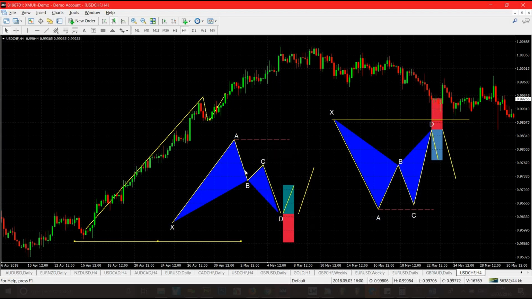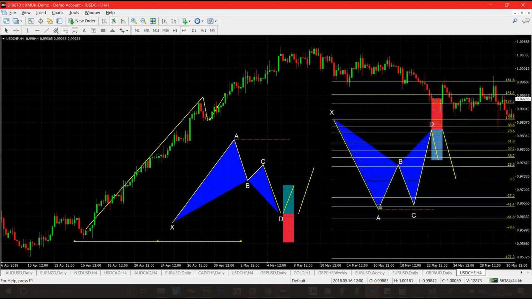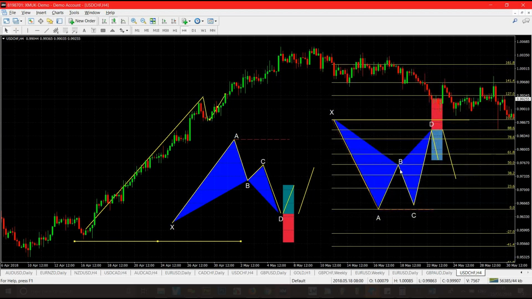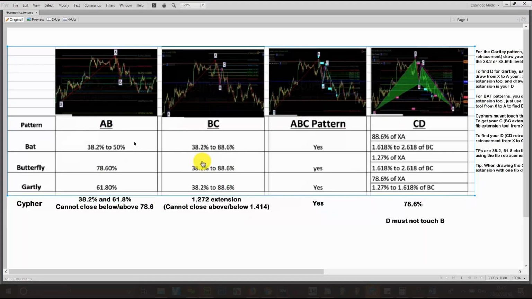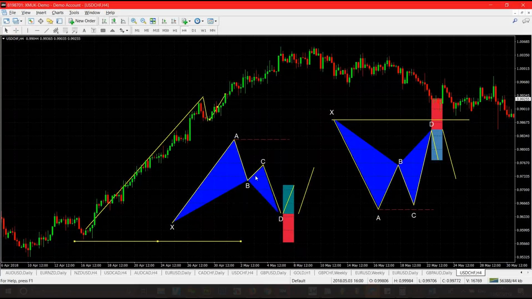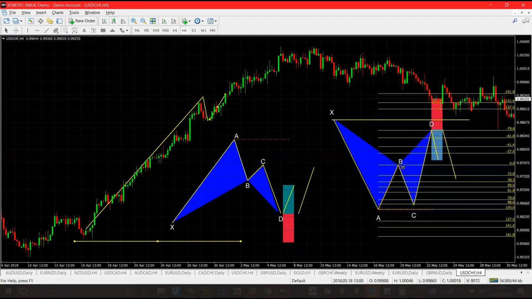The same thing that you do here is the same thing that you did here. The reason this one is different is that we found our 50 as well. We decided to use 50. For our BC, we decided not to use 38. We decided to use 88 just to give extra information, and as you can see, it got to 88.